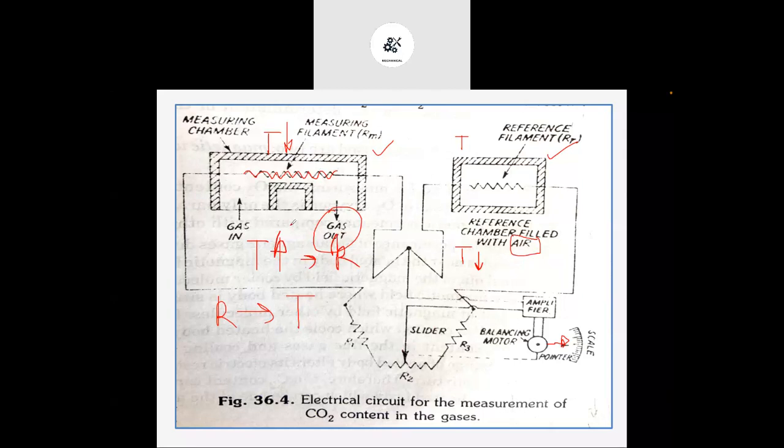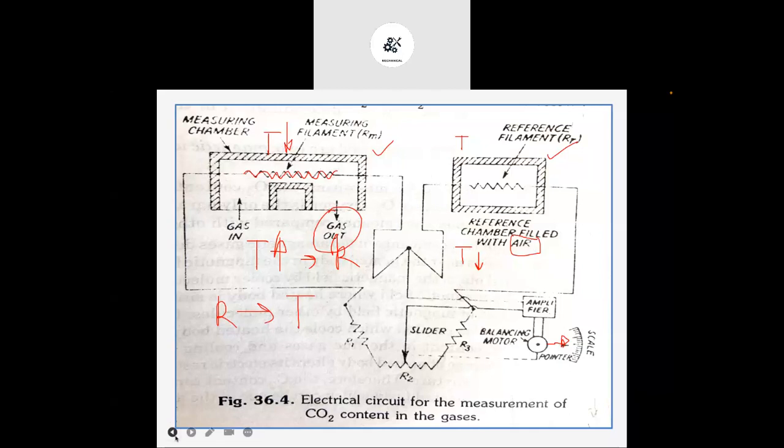And because of that, what will happen? The respective resistance will be there from this particular element, and here also the respective resistance will be there. And because of that, unbalancing will happen, and that unbalancing is directly proportional to the amount of CO2 present inside the flue gases. But there are some drawbacks as we already discussed.